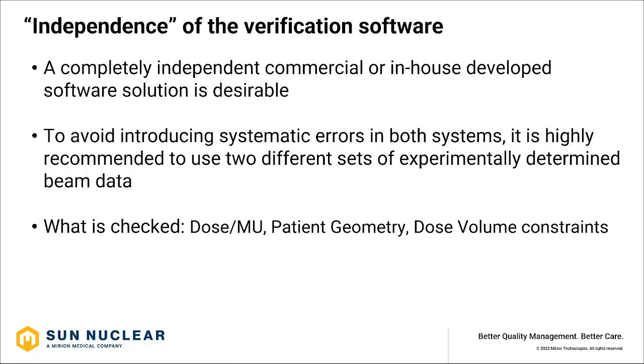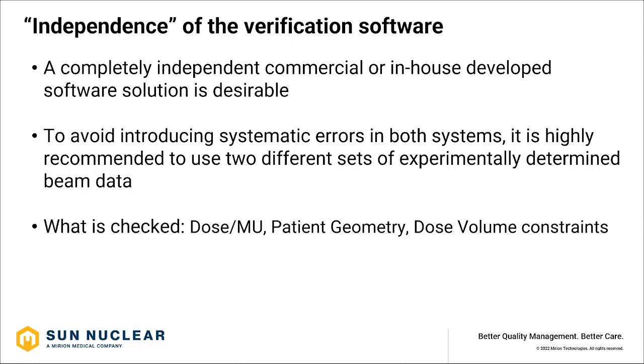When we look at the differences between commercial versus in-house developed software, there are pros and cons of choosing either one. And to avoid introducing systematic errors in both systems, whether it's in your treatment planning system or your secondary dose verification software, they do recommend using two different sets of experimentally determined beam data. So you shouldn't be using the same set of commissioning data.